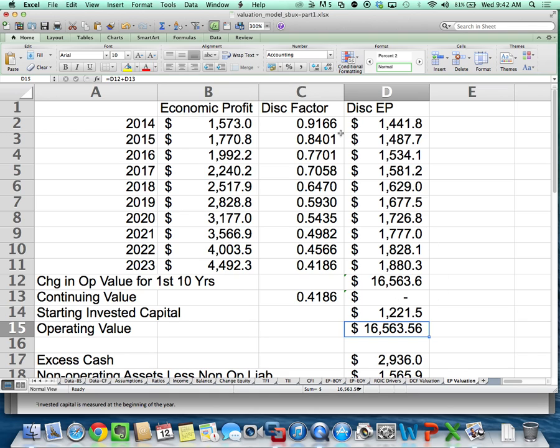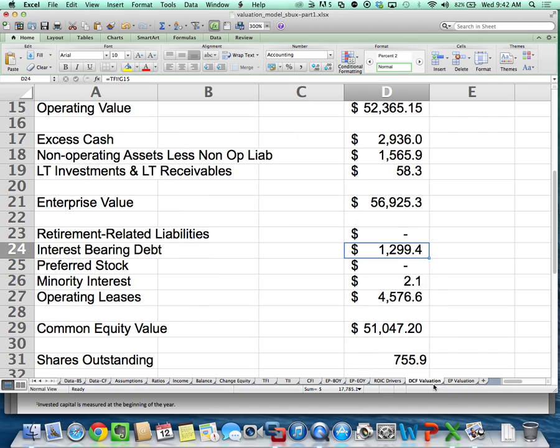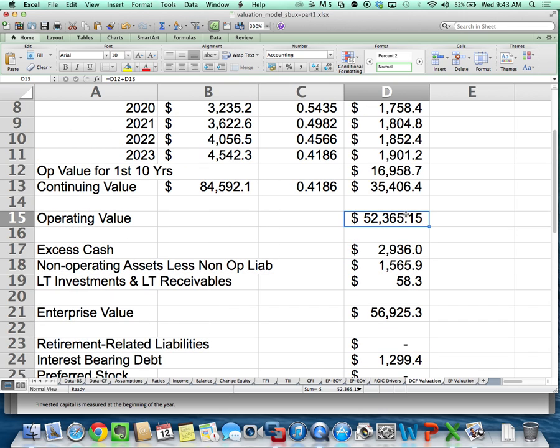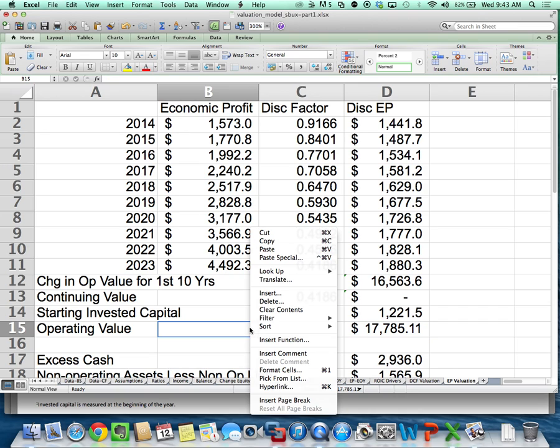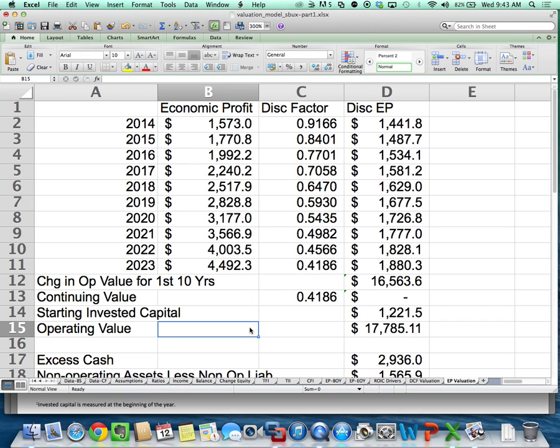So when I sum these three numbers, I need to get the same value as that number. Those two have to be equal. If they're not, then I made a mistake. I can already tell you that I could back solve for this number, but that's not an acceptable answer in this class. You actually have to get that formula right.